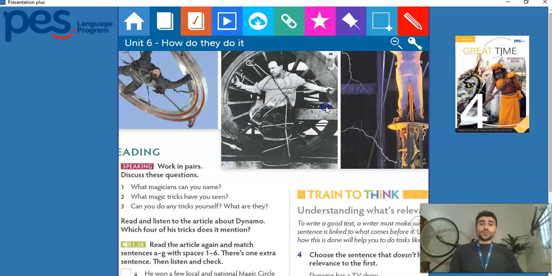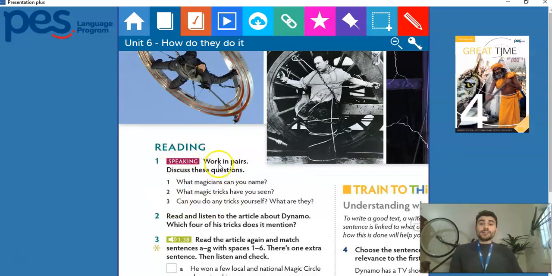And also down here we have some questions that you can discuss with a classmate or even send a message to your teacher answering them. But the idea here is that you ask yourselves about it and think a little bit more about this topic, right? So we have the first question, which is, what magicians can you name?